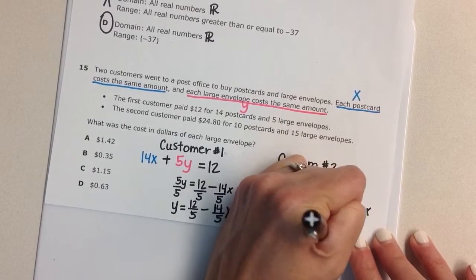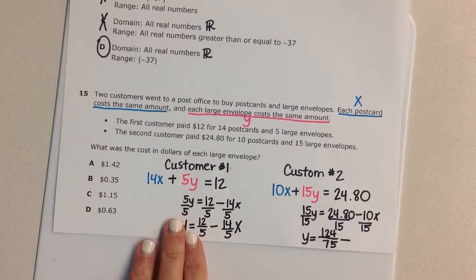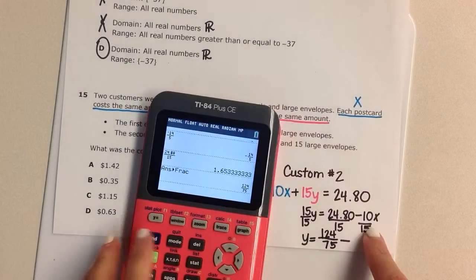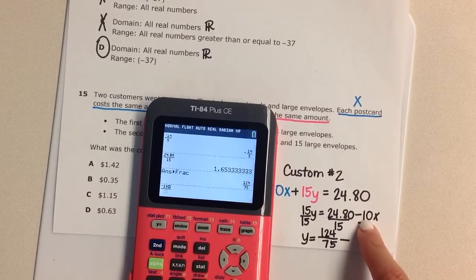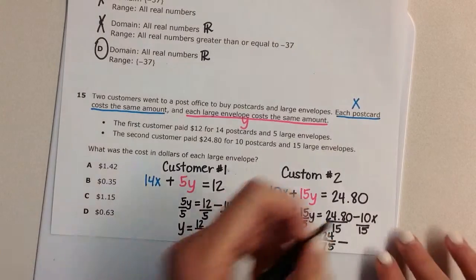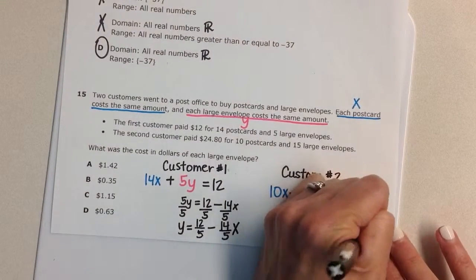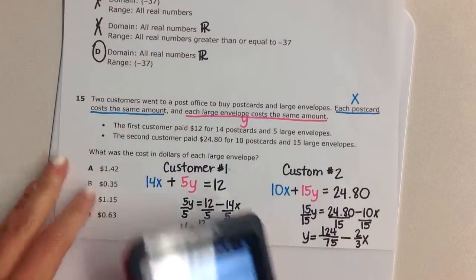So these must be equivalent fractions, just like 2/4 and 1/2 are equivalent fractions. And I'm going to do the same thing for the next fraction. So I've got negative 10 divided by 15, and that's going to be a negative 2/3. So minus 2/3 x.